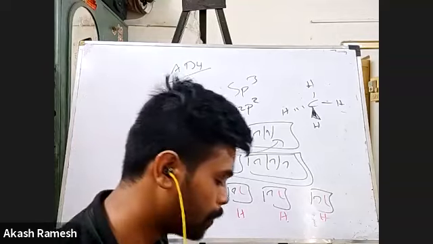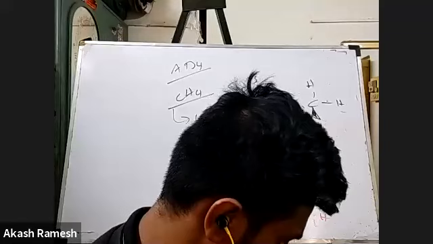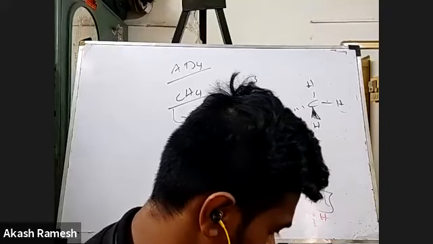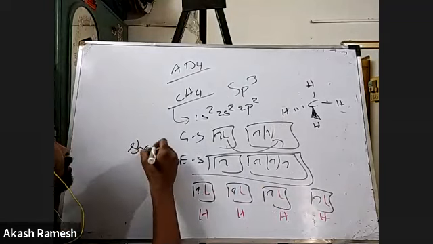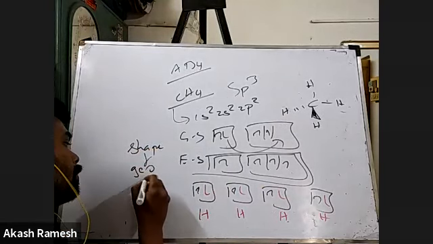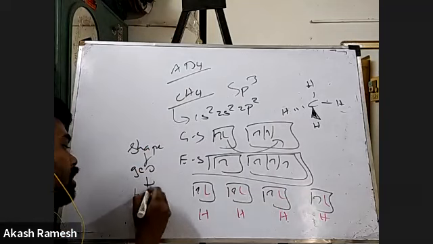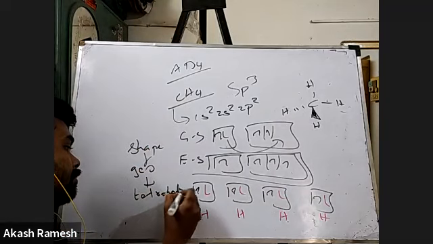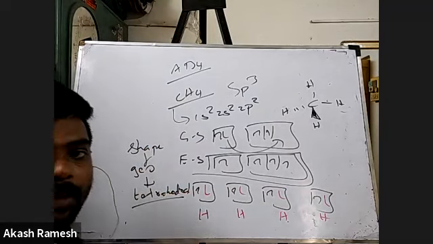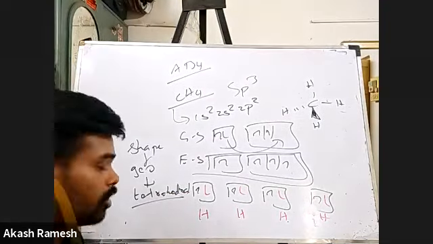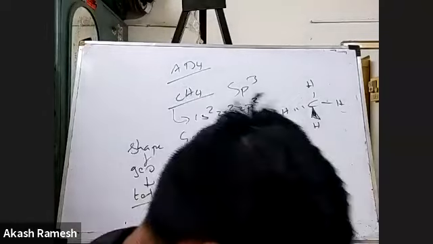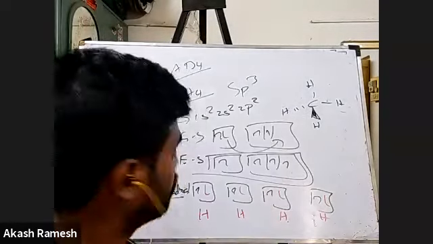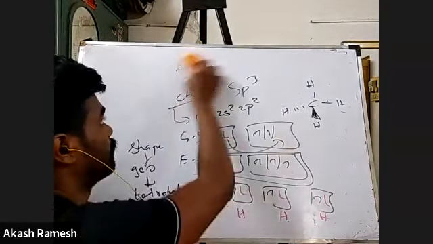I hope. Good. Very good. We'll take more examples now. Again, the shape and the geometry, both the things for this molecule is tetrahedral because there is no lone pair. We'll move on to other example.